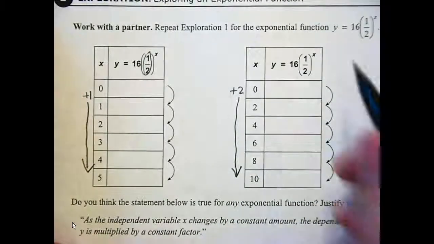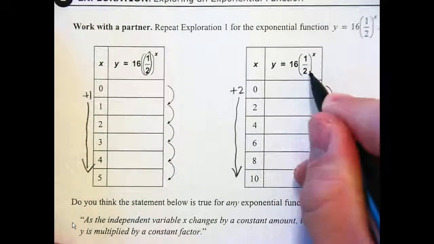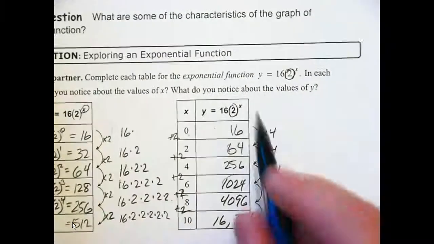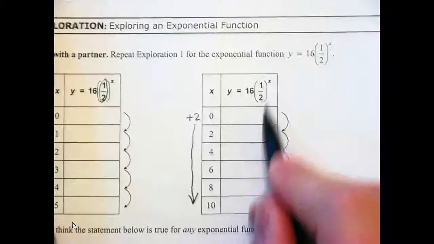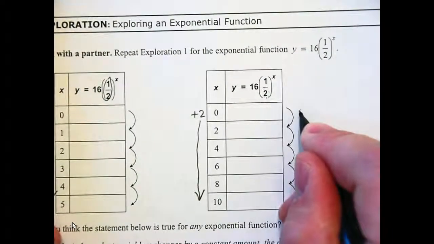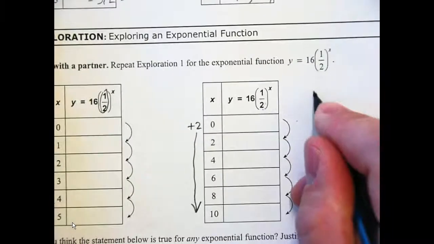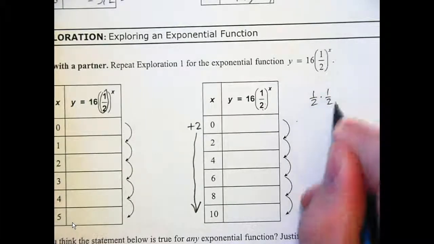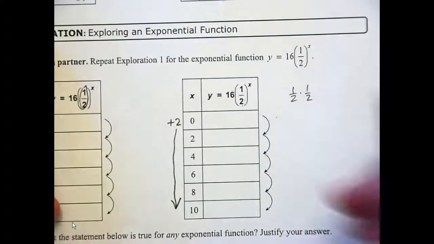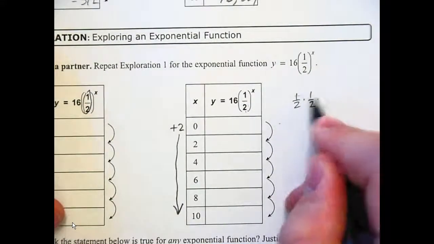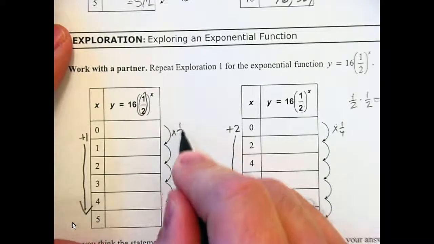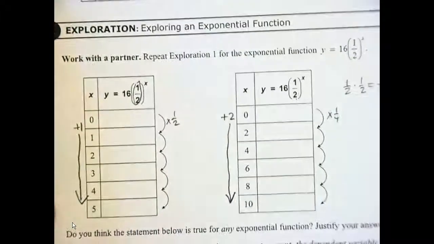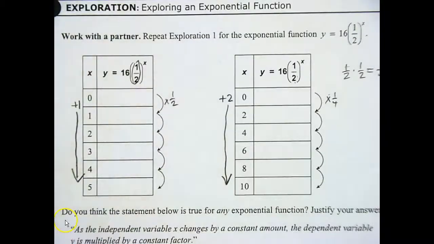So if you're going up by 2, you're going to have to multiply by, here we did 2 times 2, which is 4. Here we're going to do 1/2 times 1/2. For those of us who don't know how to multiply fractions, multiply tops and bottoms. 1/4. Okay, go ahead and fill out those 2 tables.